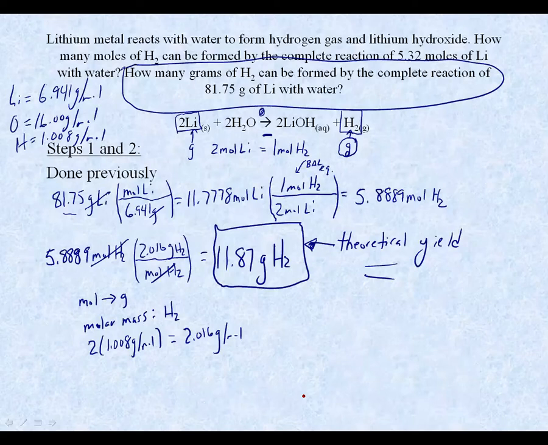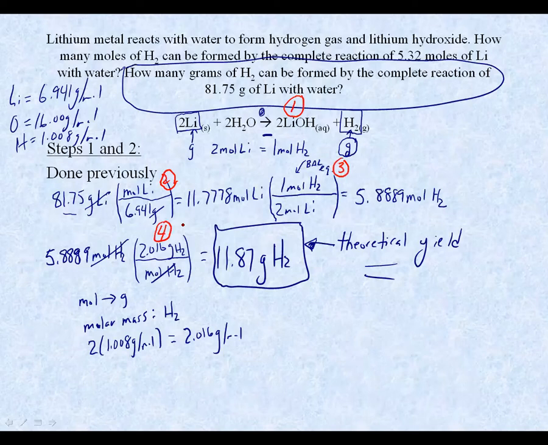You can hopefully see as well, it really is the same 4 steps. I know I have more numbers to begin with, but really: balance the equation, convert to moles, do the mole to mole relationship, and lastly, convert those moles into whatever unit you may be looking for. Any questions on any of those steps?